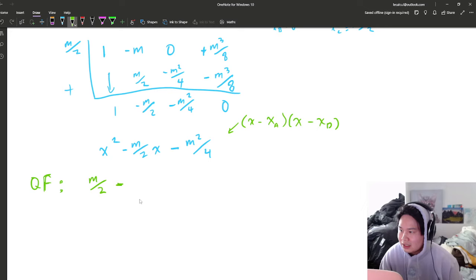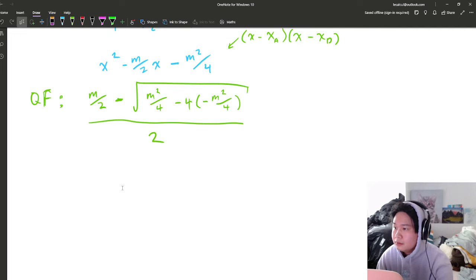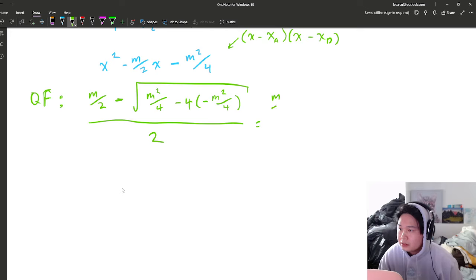In other words, I don't need to really worry about the plus in the quadratic formula. I'm gonna save myself a tiny bit of time and just do minus square root of b squared minus 4 times a times c divided by 2a. Okay. And then, what the heck is this?